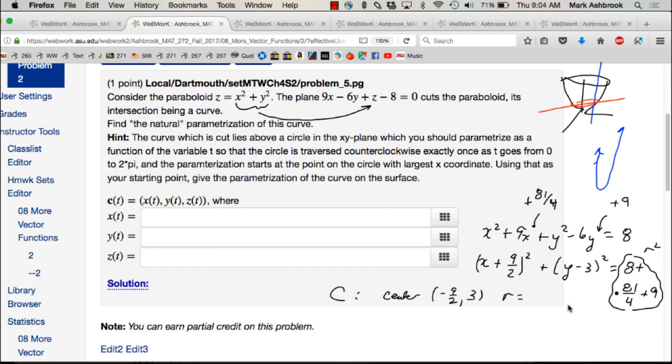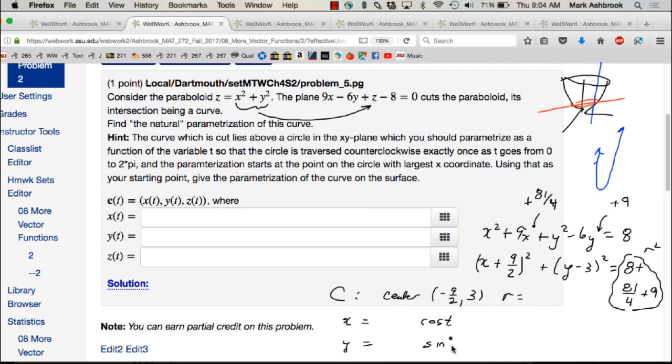So add that up, take the square root, and you get the radius. Okay, so then that means that we are going to use sine and cosine in the x and y coordinates. So x is going to be based on cosine, and y is going to be based on sine.